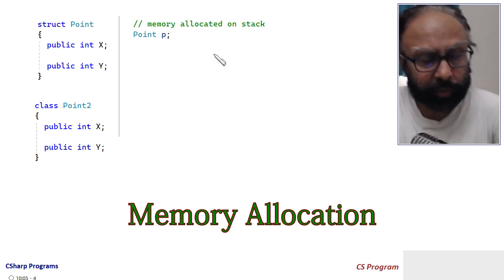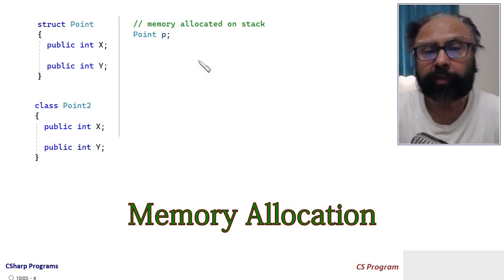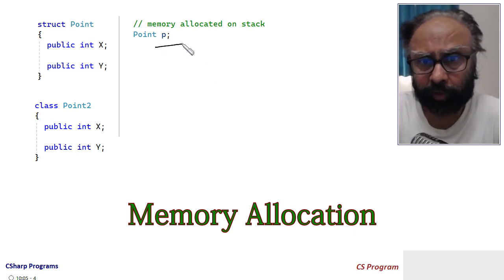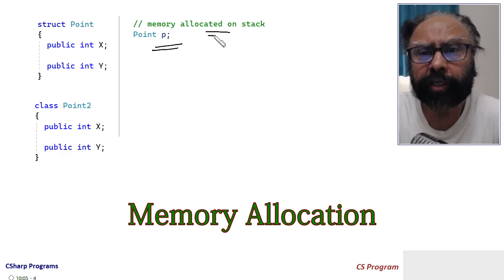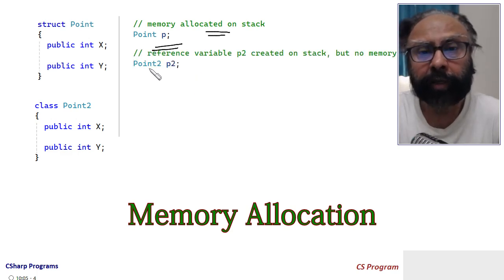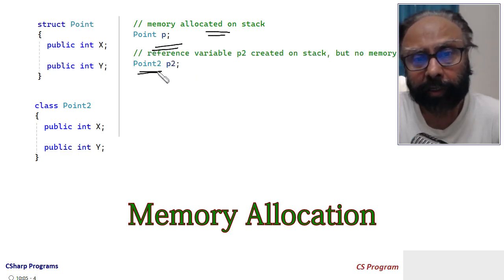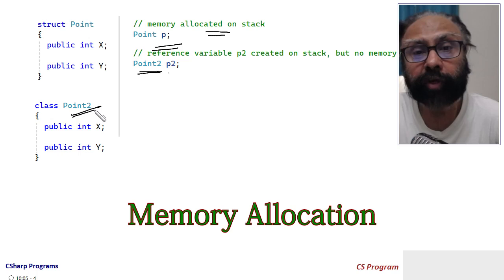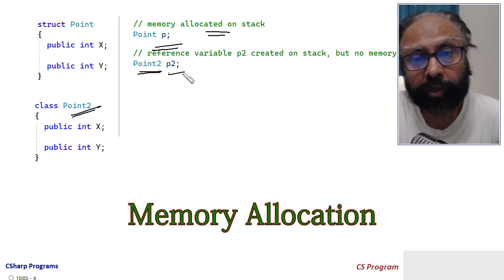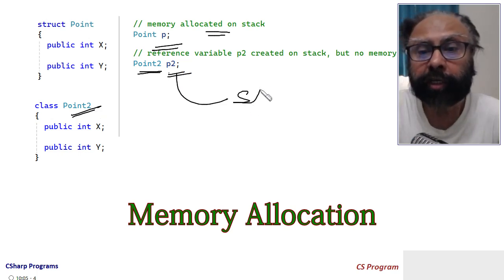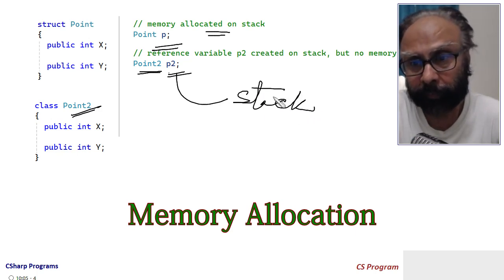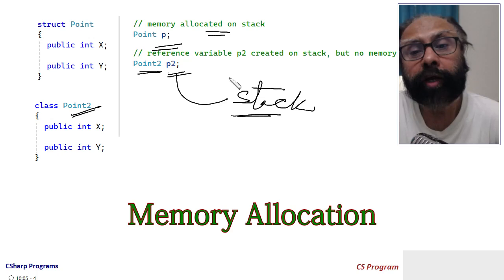So now when we have this Point p, the memory is allocated on the stack. Now if the object is for Point2, that is, for the class, then p2 also goes on the stack, but p2 will hold a reference.